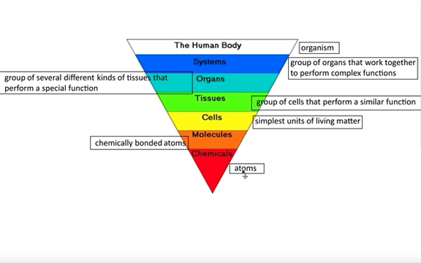Cells are made up of molecules. Tissues are made up of cells. Organs are made up of several different types of tissues. And systems are made up of more than one organ that work together to perform a complex function. And then we have all of the organ systems that work together to give the functioning human body.